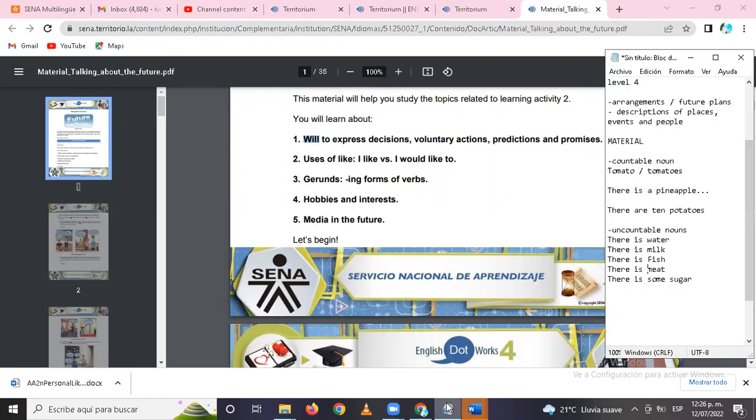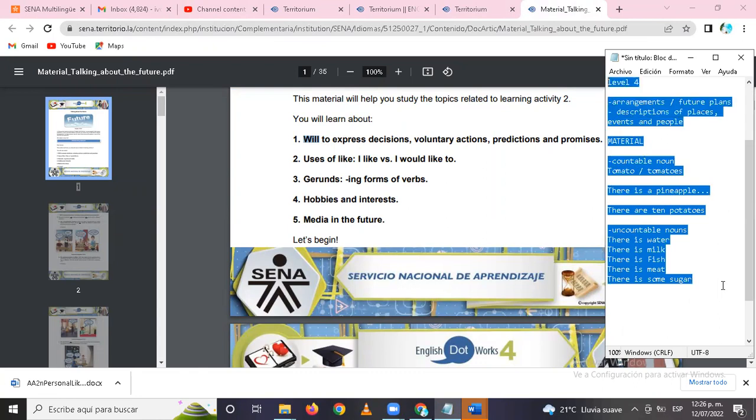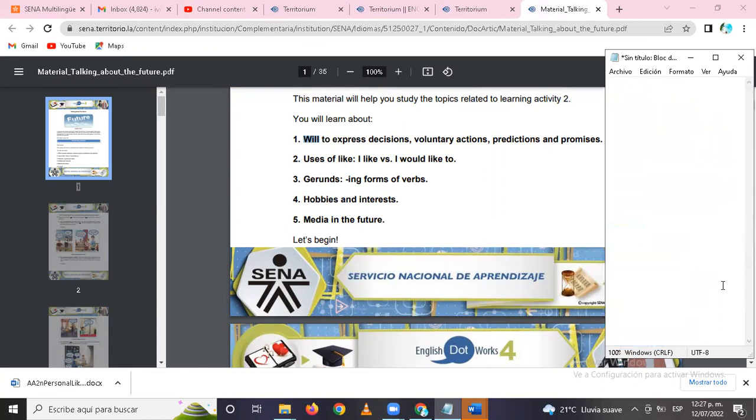Remember that in English we can express future with different structures, but the most common are will and going to. But remember that we also express future with present continuous and present simple.